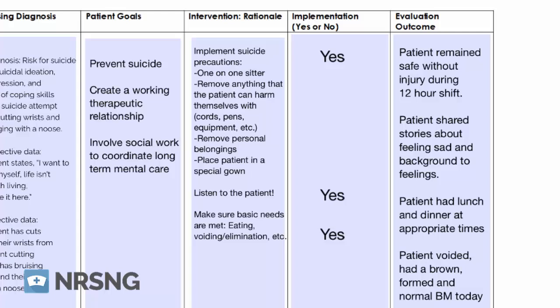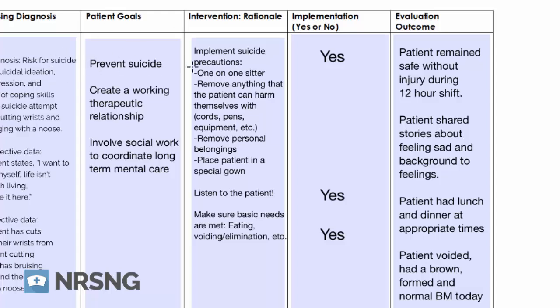Same with the lunch and dinner, happened at appropriate times. Patient voided and had a brown, formed, and normal bowel movement today. So that gives a time frame as well. That basically says, yes, we did do the outcomes, and you can just go right across the board and write everything and even line it up a little bit.